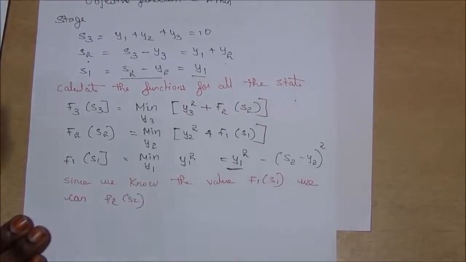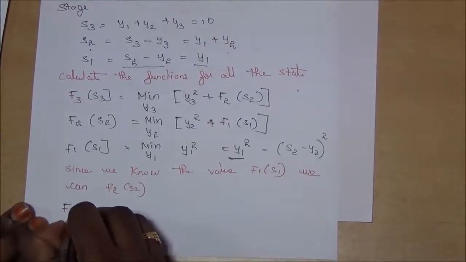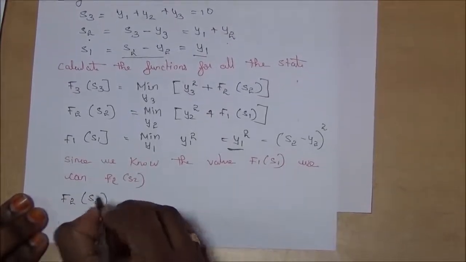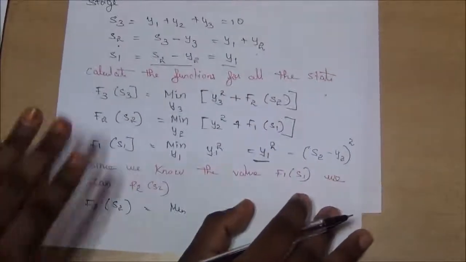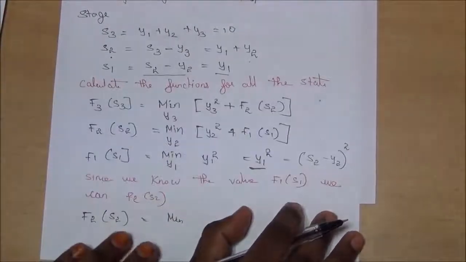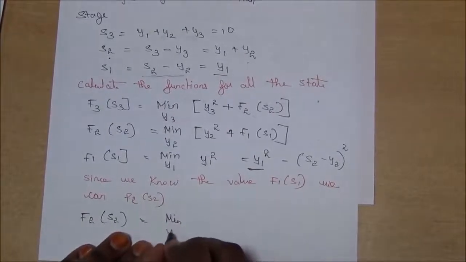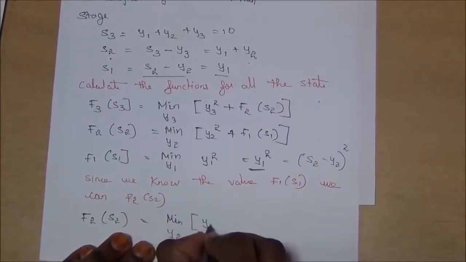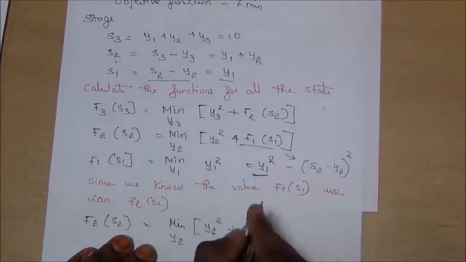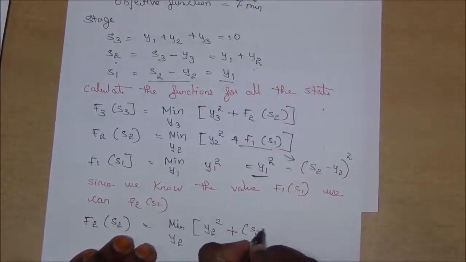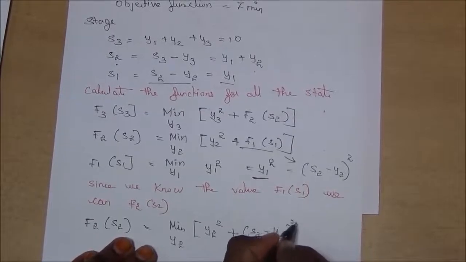So the equation will be f2 of s2 is equal to the minimum of y2 square plus the function value, s2 minus y2 the whole square.